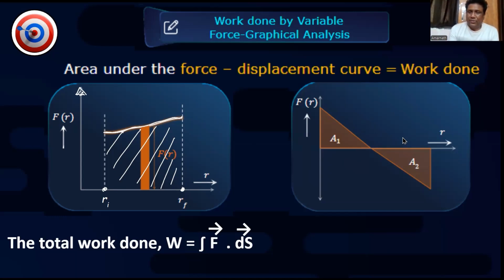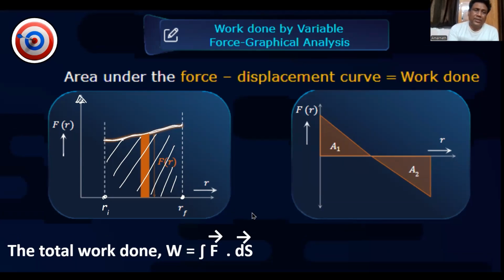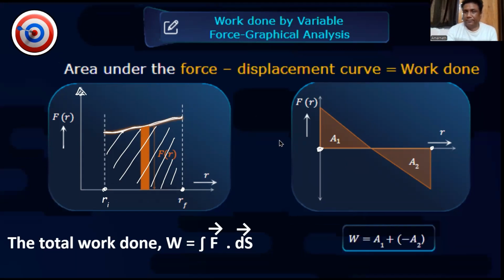So if you are asked to calculate the work done from the very beginning to this point, you have to calculate A1 minus A2, not A1 plus A2, because the second area is negative here. That is very important.